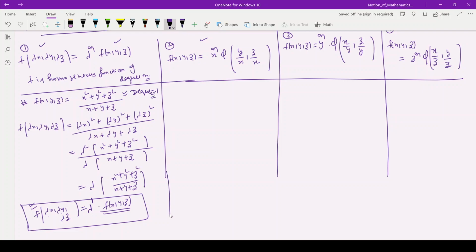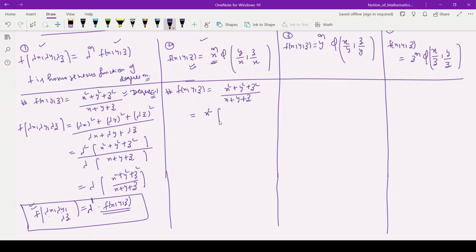Now students, if you try to verify the given function for the homogeneous property via this second aspect, then what can we do here? Here f(x, y, z) is given as (x square plus y square plus z square) upon (x plus y plus z). I will be taking the maximum possible power of x common.